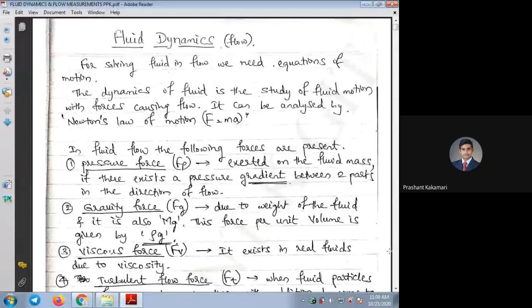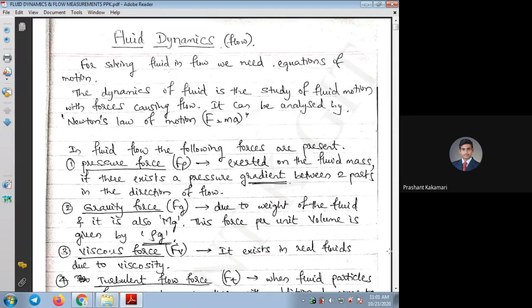So here, before going to the type of equations we are using or the forces applied on the fluid, we need to discuss on which law it is going to behave, or on which law it is going to flow. Primarily it is going to behave as per Newton's second law of motion.